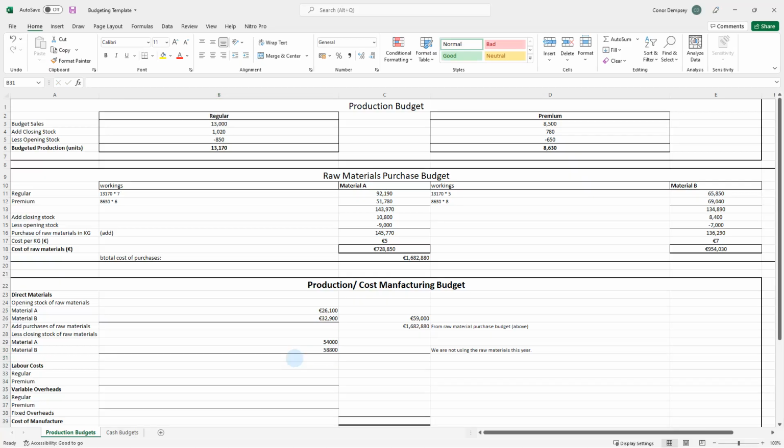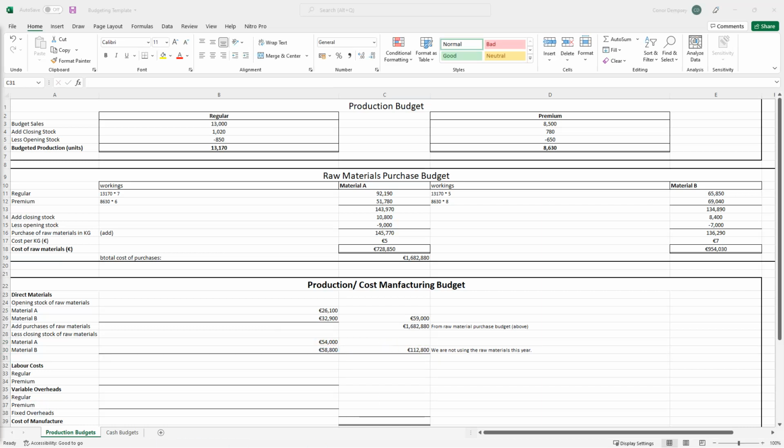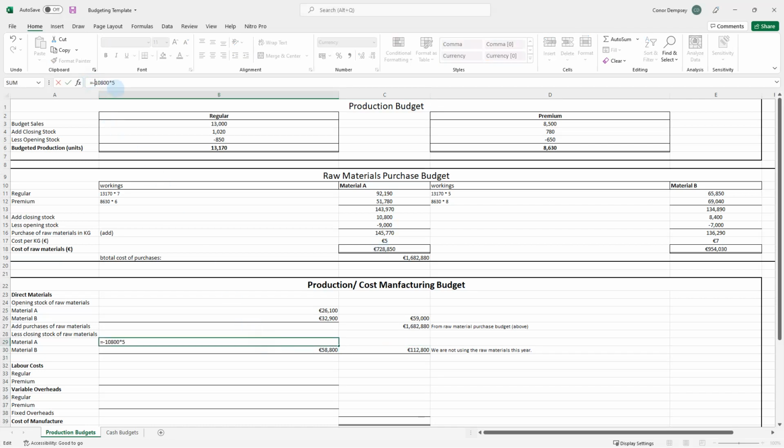Here. I don't know why these aren't carrying over, but there we go. This is going to equal that plus that. Now we said this was a negative number, so just make it negative as we go.